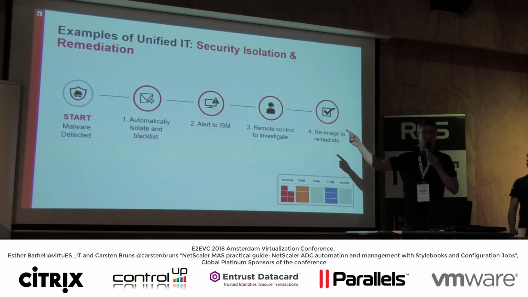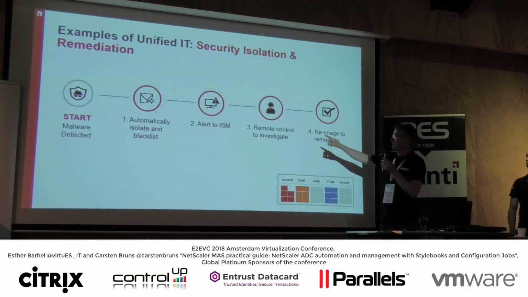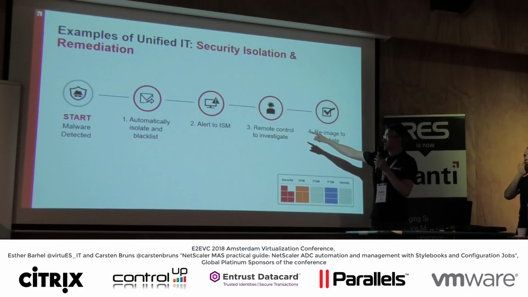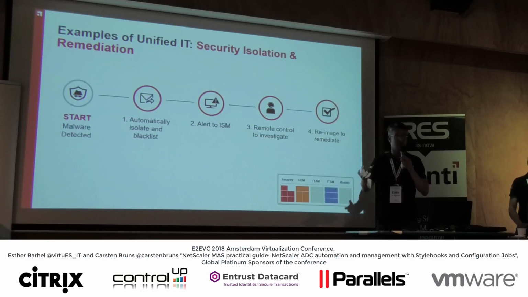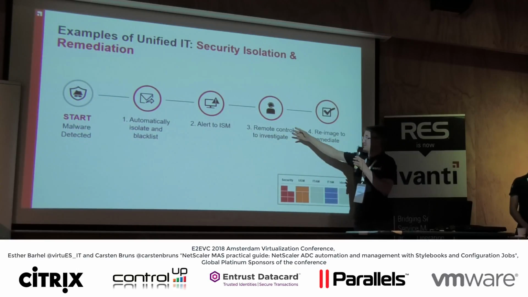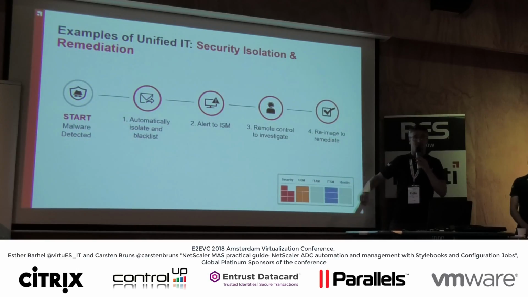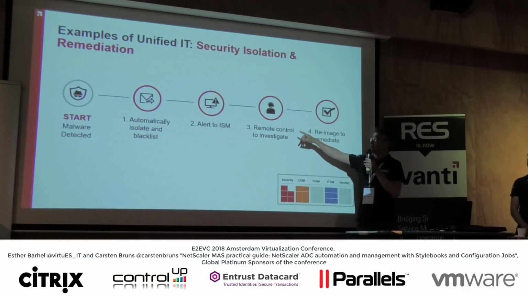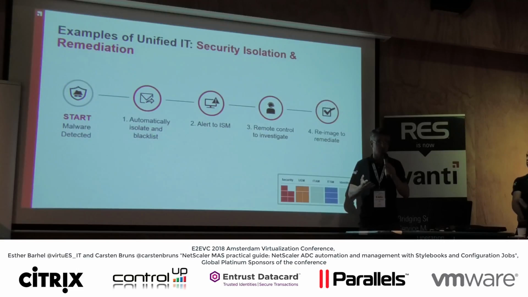And we do want to have an alert into service management, right? Stuff needs to be logged. So I need to be alerting to ITSM, a ticket needs to be created in our service management system, and I need remote control to investigate. Now, remote control can very often be done from IT service management solutions, but also endpoint management solutions offer that functionality. And that's already where you see, hey, we cannot always box stuff, right?